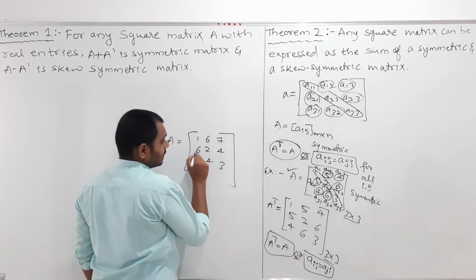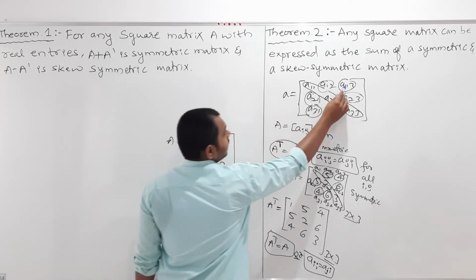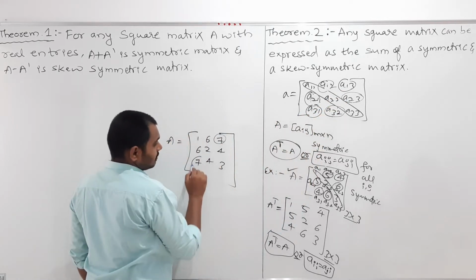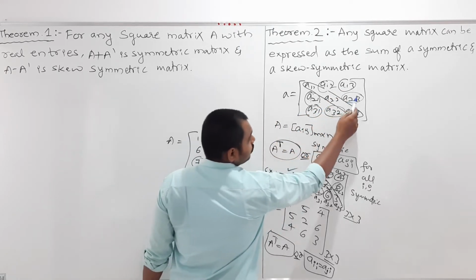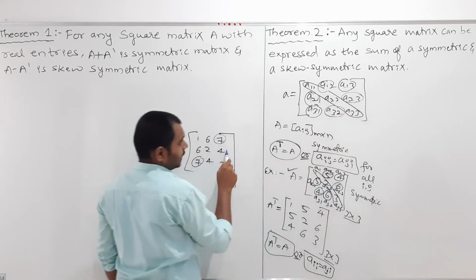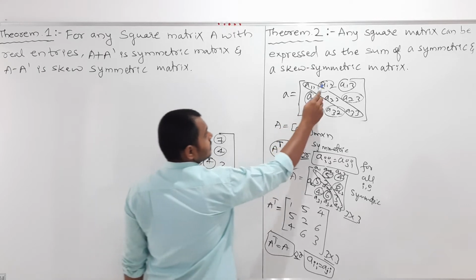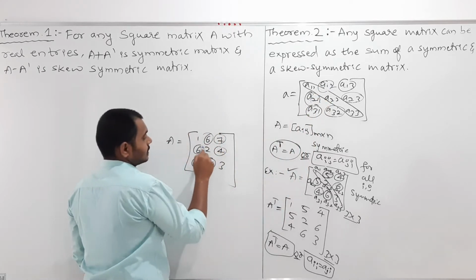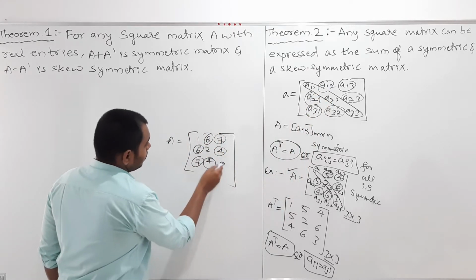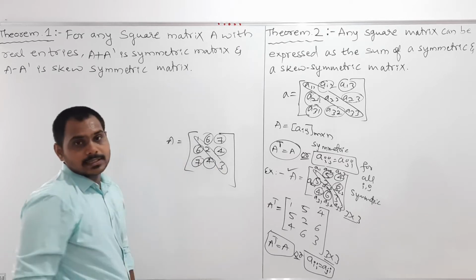So this element and this element must be same. Next, A13, A31. This element and this element must be same. Next, A23. The reverse of this is A32. A23 and A32. So this element and this element are also same. And here it is A12, A21. This element and this element are same. And this is your diagonal.